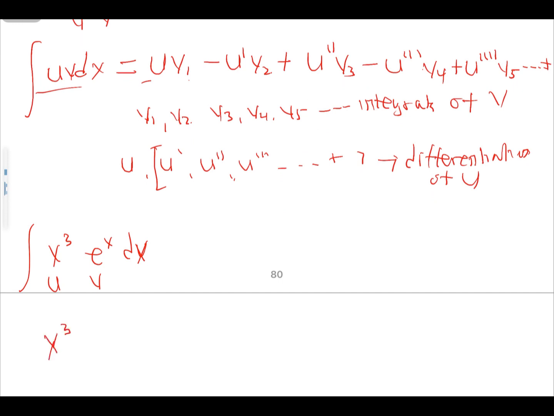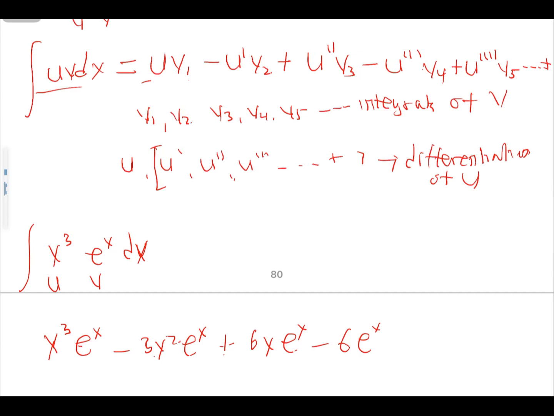Using this formula, we write x power 3 times the integral of v, which is exponent x, minus the differential of u, 3x squared, times e power x, plus the second derivative of u, 6x, times e power x again, minus the third differential of u, which is 6, times e power x.